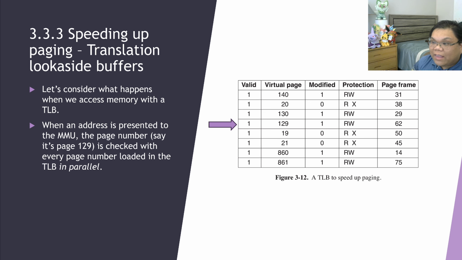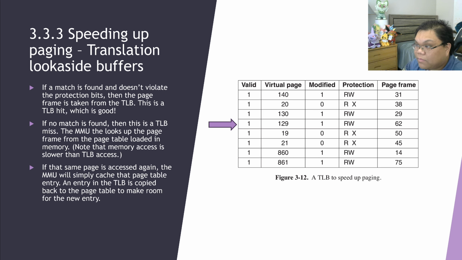This speeds up checking the TLB, so not one entry at a time. We check all of them at once. If we find a matching page that doesn't violate the protection bits, then we have what is called a TLB hit. That is good.